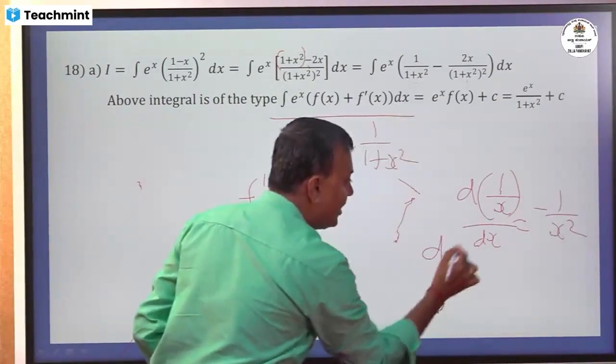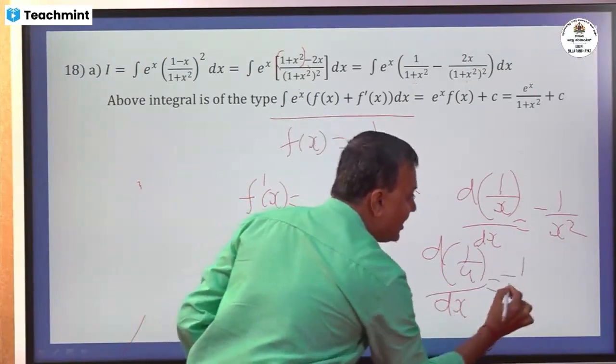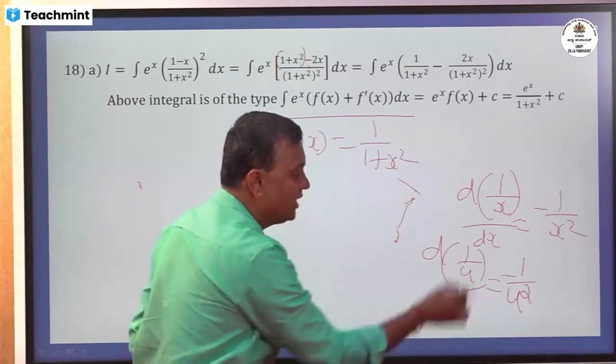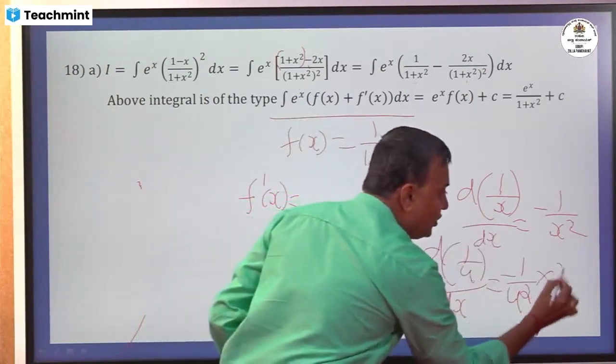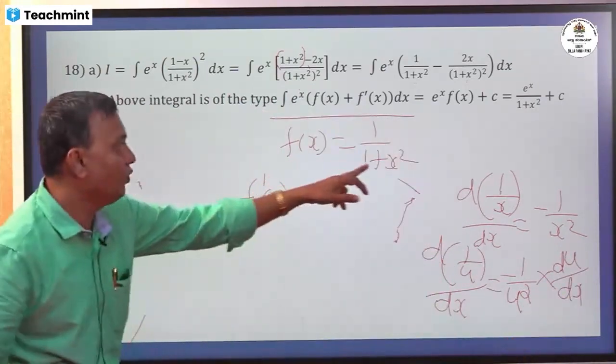What is the derivative of 1 by u? Chain rule. Derivative of 1 by u is minus 1 by u square. Not only that, u is a function of x, so minus 1 by u square into derivative of u with respect to x. Here u is 1 plus x square.